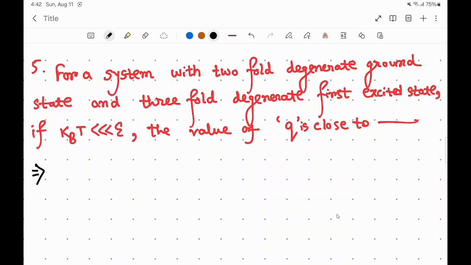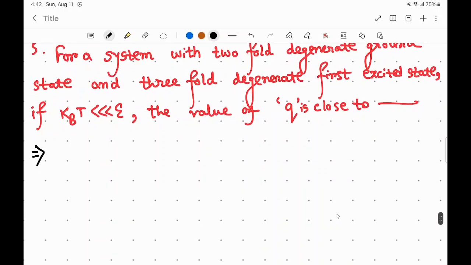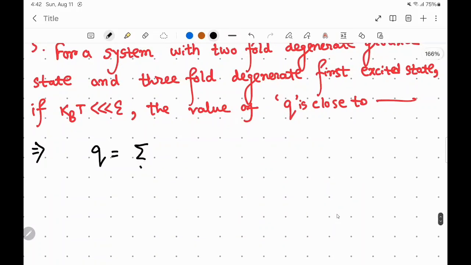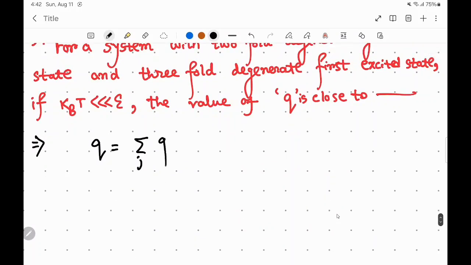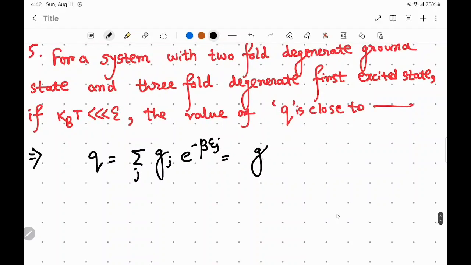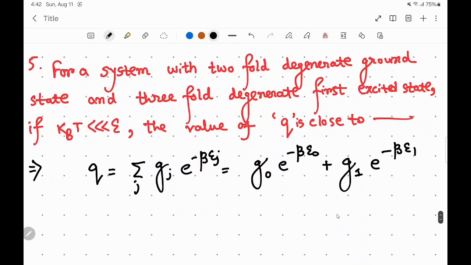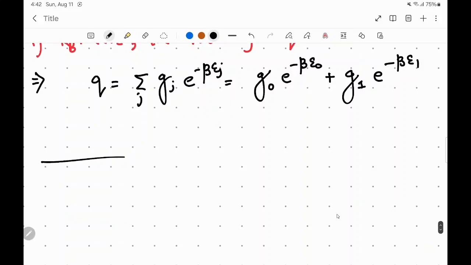5. Let's see. Q means sum over j of Gj e to the power minus beta Ej. So only two levels are there. So G0 e to the power minus beta epsilon 0 and G1 e to the power minus beta epsilon 1. Two energy levels. The ground state is E0, that is 0, and the first excited E1, that is epsilon.